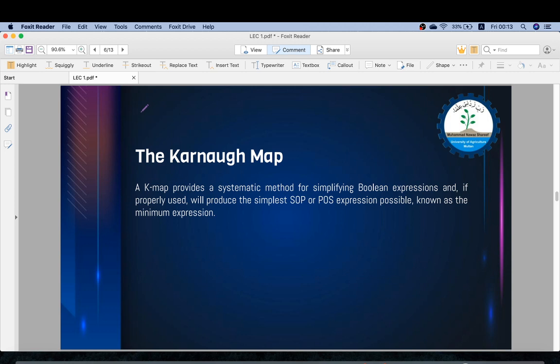A K-map provides a systematic method for simplifying Boolean expressions, and if properly used will produce the simplest SOP or POS expressions possible, known as the minimum expression. So instead of using a number of Boolean laws or theorems, we can just use a K-map and simplify the equation.